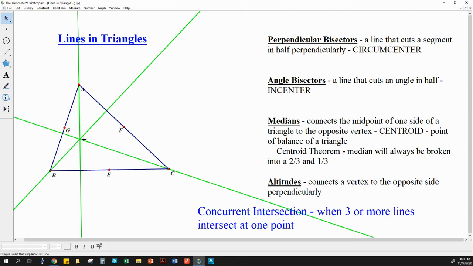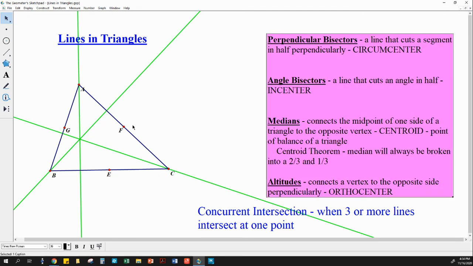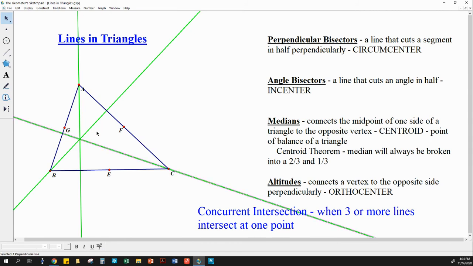Last but not least, we have, again, a concurrent intersection. I don't need you to really memorize the titles of each of these. The orthocenter is what this one's called, that intersection point there. Point P here would be the orthocenter. When it's the medians, it's called the centroid because it has different qualities.